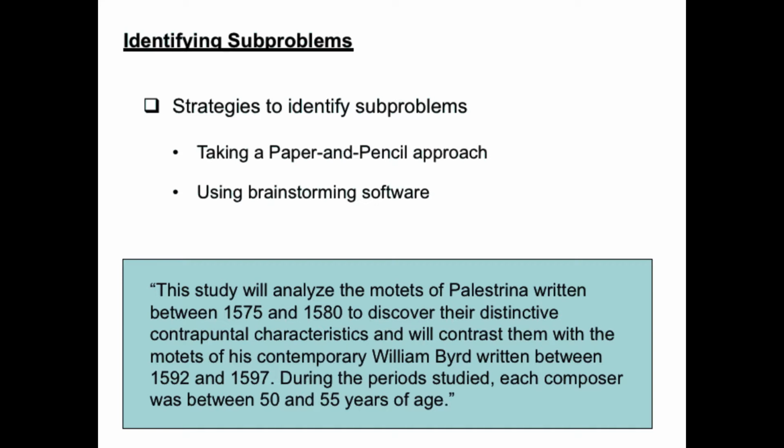I have used Inspiration software for a number of years now, and I find it to be a very useful tool just for brainstorming. When I get ready to write a paper or to come up with a research project or simply any other kind of brainstorming, I can use this kind of tool to create a diagrammatic map, initially just a sketch of ideas and their relationships to each other.